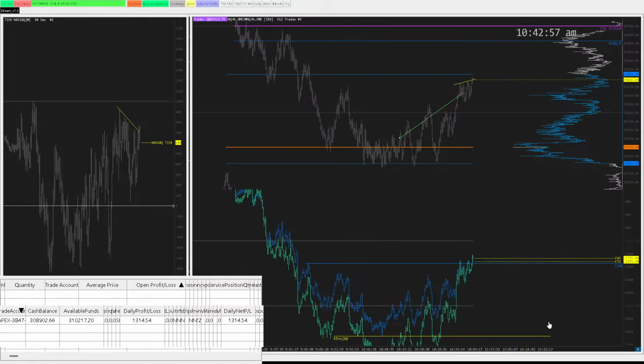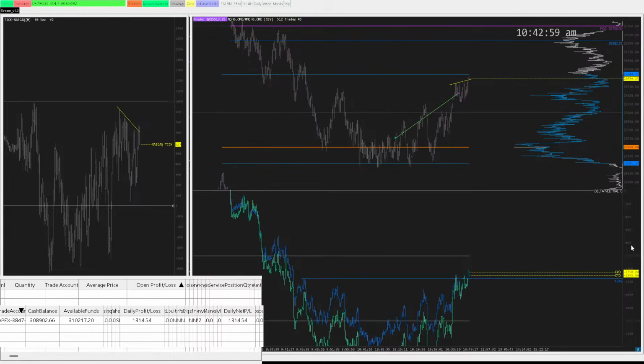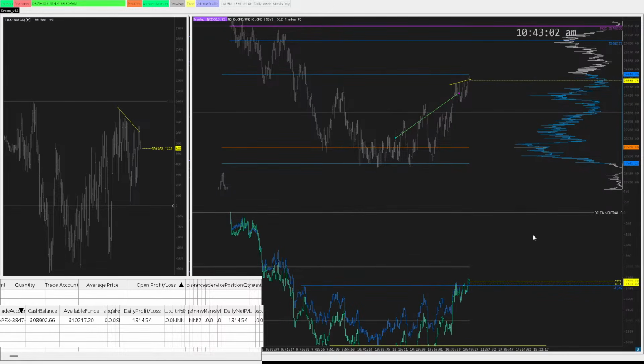Oftentimes, guys, you'll get a pullback to neutral. This area up here.